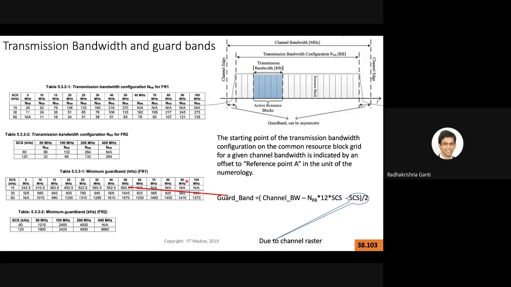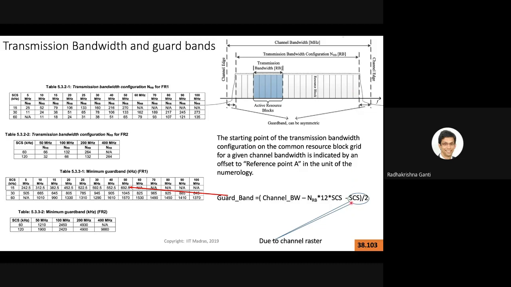And how do they compute the guard band? Essentially, they take the channel bandwidth, subtract off the transmission bandwidth, and also subtract one SCS, and then divide by 2. That will be the guard band. If you forget about the subcarrier spacing, it's exactly channel bandwidth minus transmission bandwidth divided by 2 that gives you this half and this half. But what they do is they also subtract off one subcarrier.